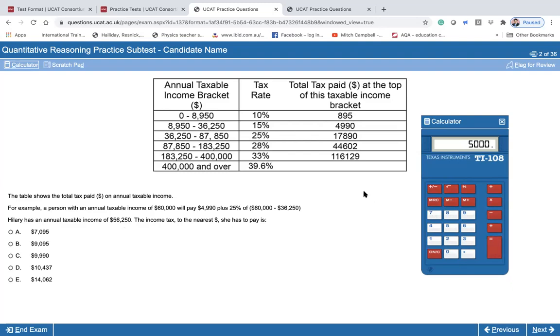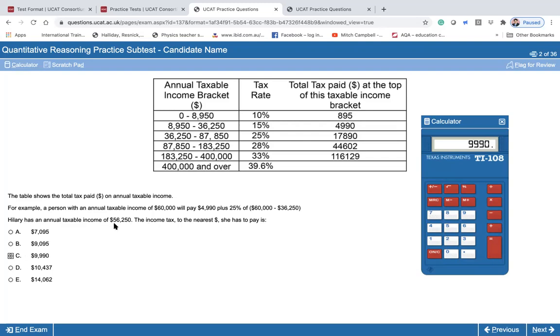So for the income over 36,250, she has to pay 5,000 plus 4,990 for the first 36,250. You add that and you will be getting 9,990. So 9,990 is option C. So C is the right answer.